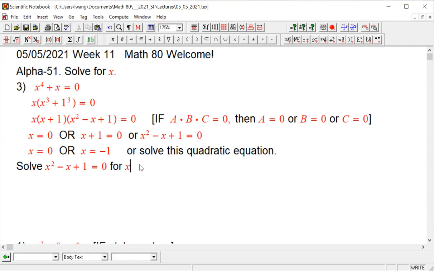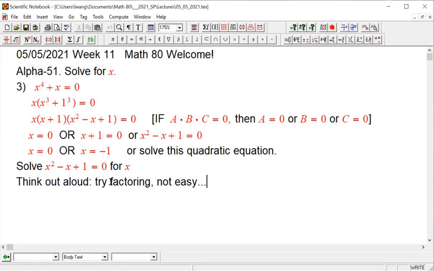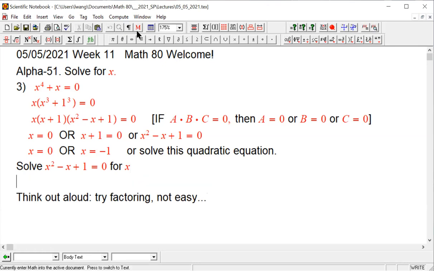That technique doesn't work, but you can try, okay? So on your scratch paper, you think out loud, right? Factor. Quadratic formula always is useful, right? So whatever you try, so try factoring. Not easy. Okay, so eventually we will resort to quadratic formula.